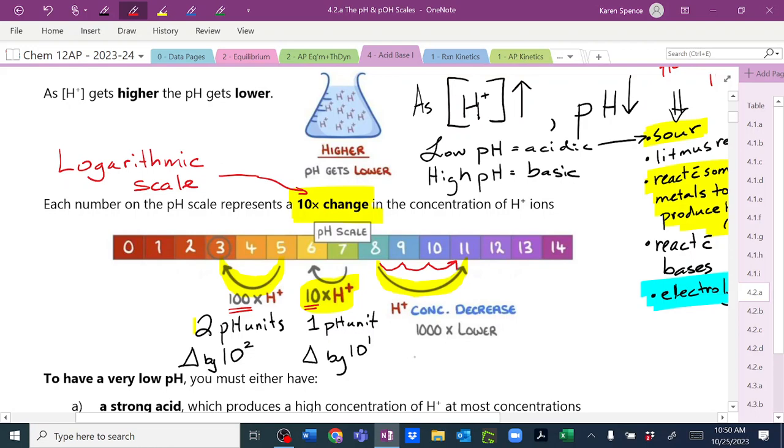So we have moved 3 pH units, and the concentration of hydrogen has changed by 10 to the 3.